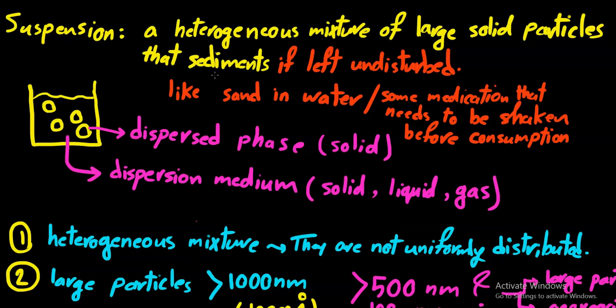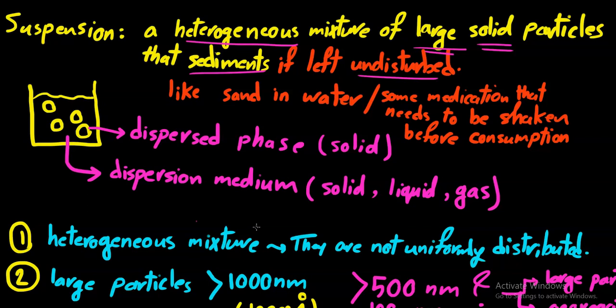Suspension is a heterogeneous mixture of large solid particles that sediments if left undisturbed. Just suppose we've got some sand in water or flour in water, or some solid particles in water.